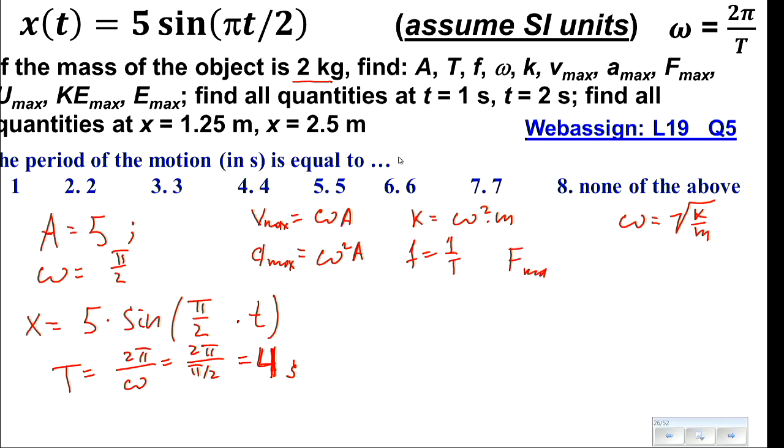Maximum force. Well, we are looking for the magnitude, so it's K times delta x max, maximum displacement.